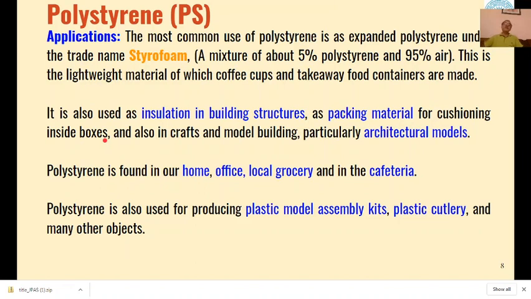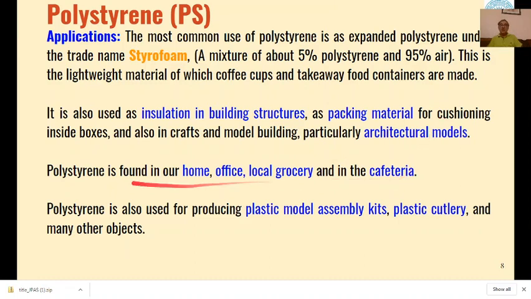Whenever we purchase some item, say a computer or laptop, you must have seen that there is some white colored, very lightweight material, that is polystyrene, which gives cushioning inside the boxes. Then this is also used in architecture models.